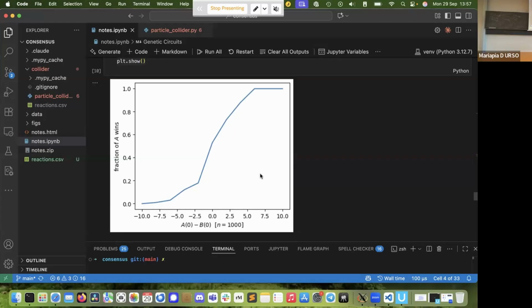So here we have 500 minus 5 plus 5, so a gap of... wait, no, it's a minus b, exactly. Sorry, it's a minus b here, actually minus 10 and here 10. And you see, if your gap is already 10 of 1000, which is really a small percentage, I mean 1%, then it's a clear win for B, and here it's a clear win for A. So it's very, very sensitive, right?